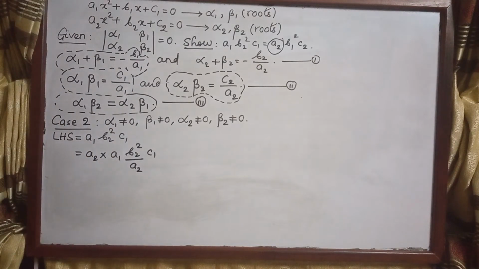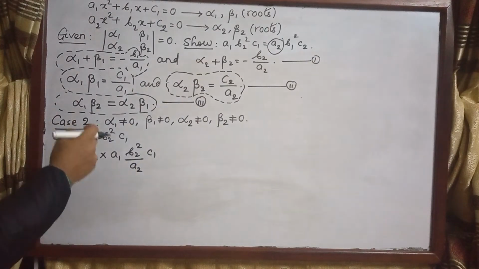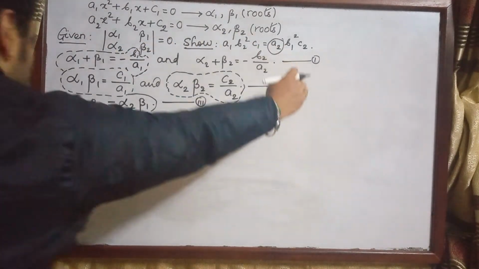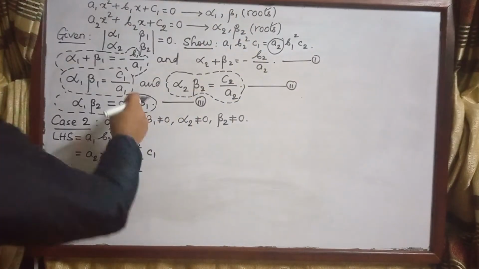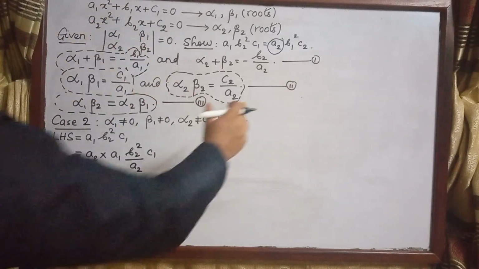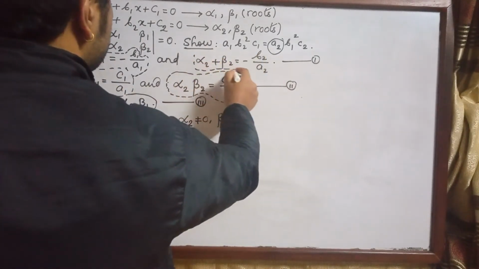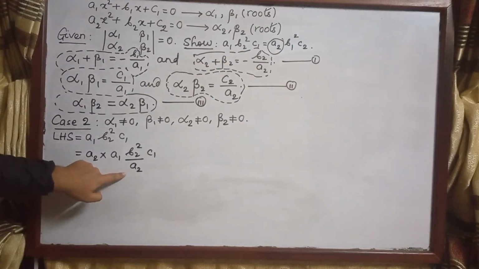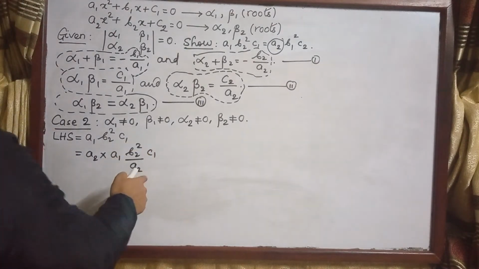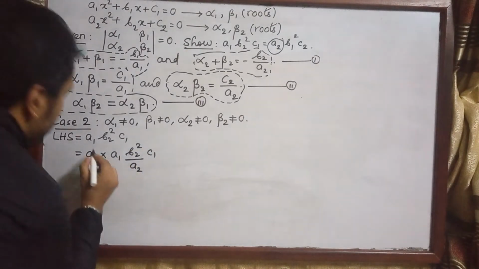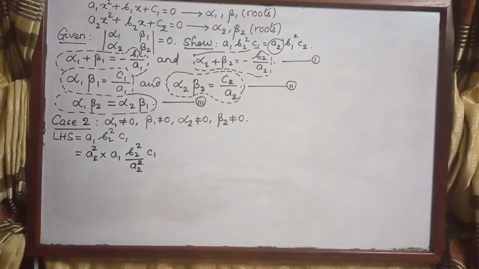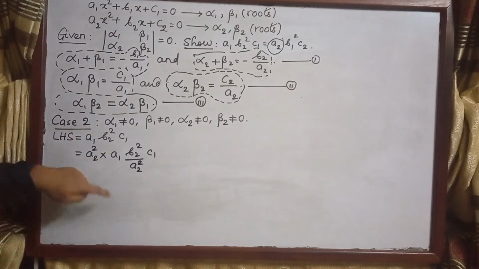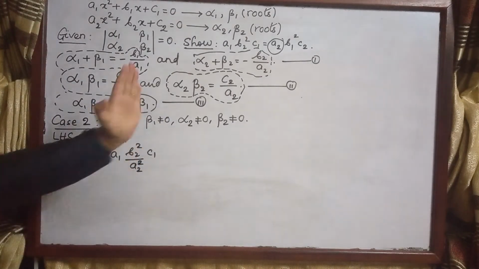Now b2 over a2, there's something here related to b2 over a2, which is this equation. But let's see, one of them is squared, the other one is not squared. So let's use a2 squared instead of just a2, in the hope that we can cancel out one of the a2's later on.